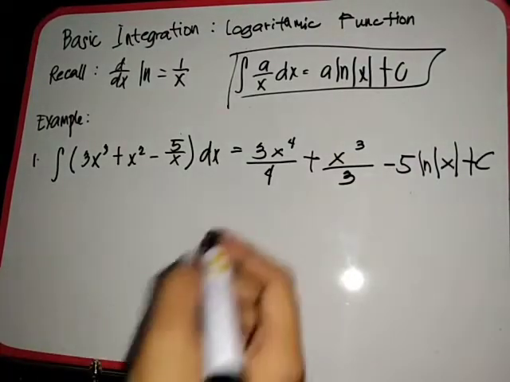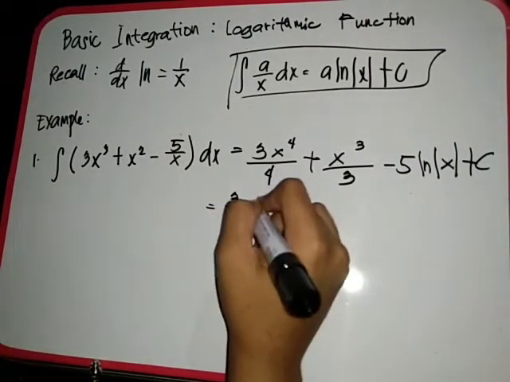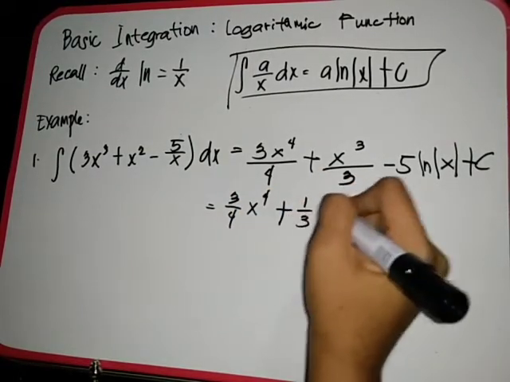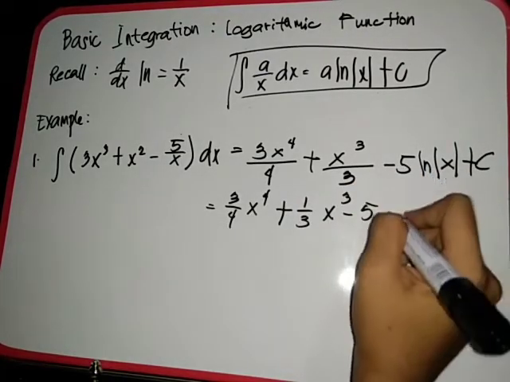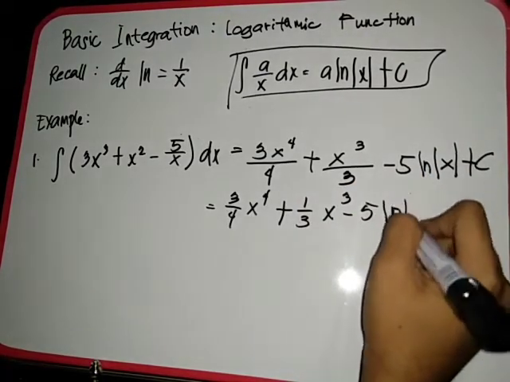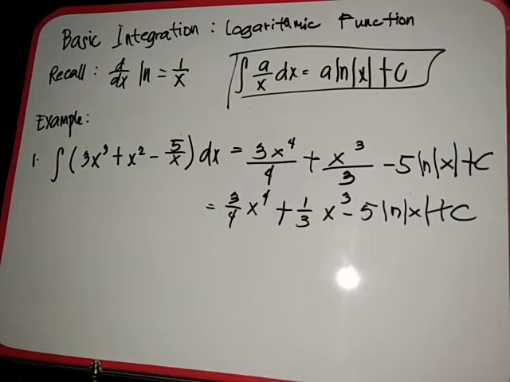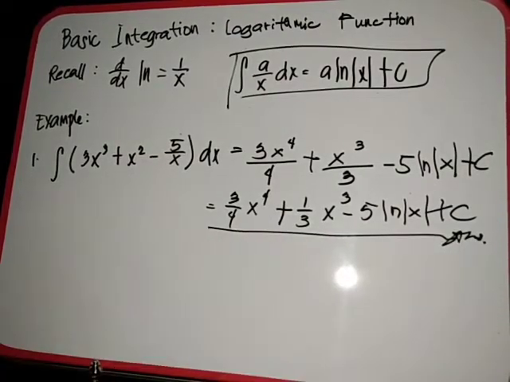Or we can write it as 3/4 x raised to 4 plus 1/3 x raised to 3 minus 5 ln of x plus c. So this is the final answer.